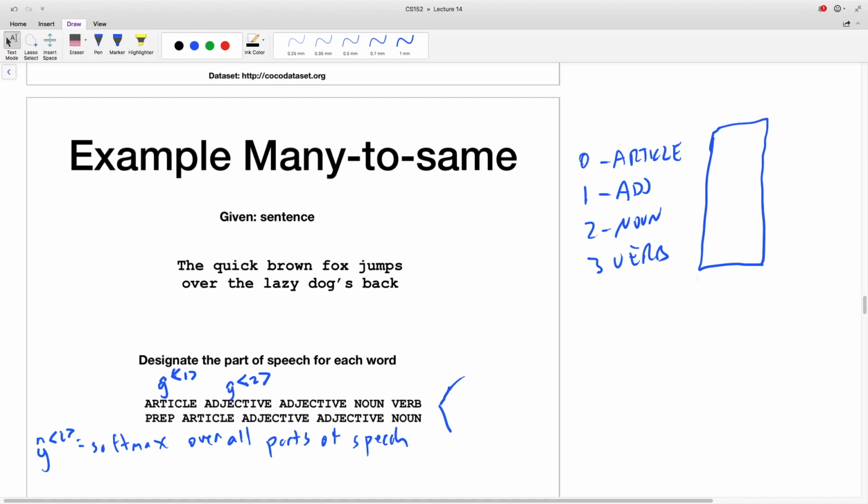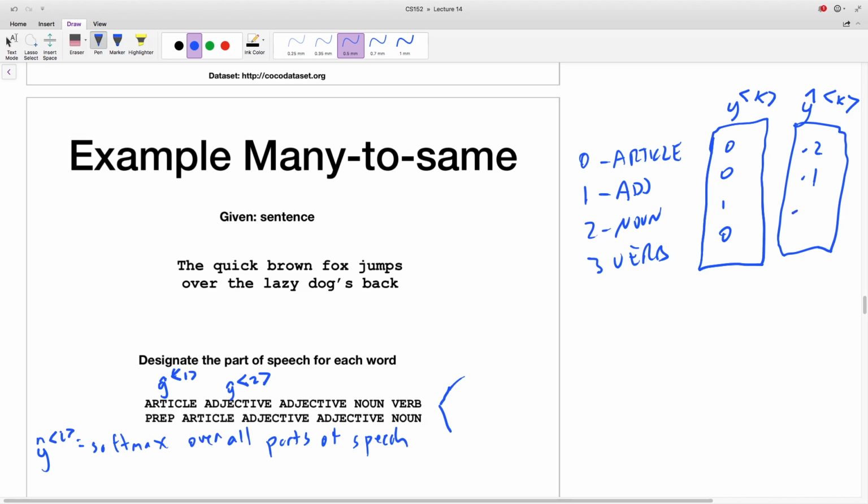Our ground truth is going to be a one-hot encoding, where we say this is a noun, so it's 0, 0, 1, 0. Our prediction, let's say our y is 0, 0, 1, 0, our y hat, and let's say this is y of some k, might be 0.2, 0.1, 0.6, 0.1. Yep.